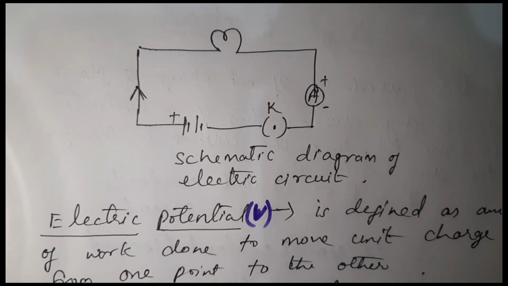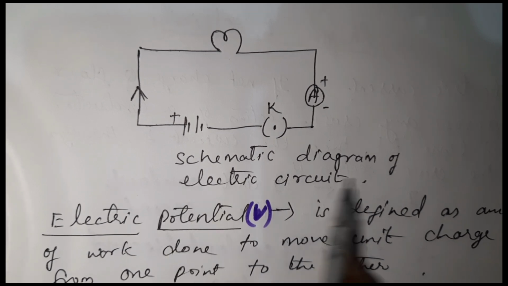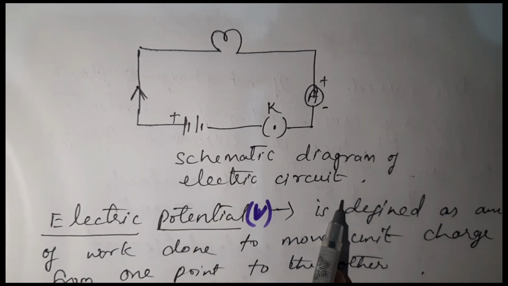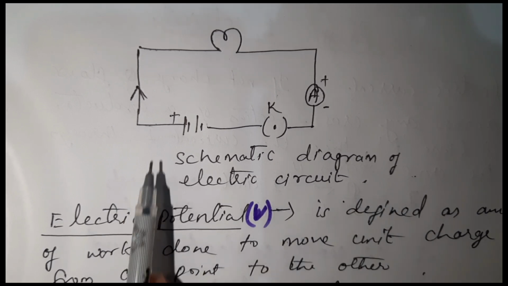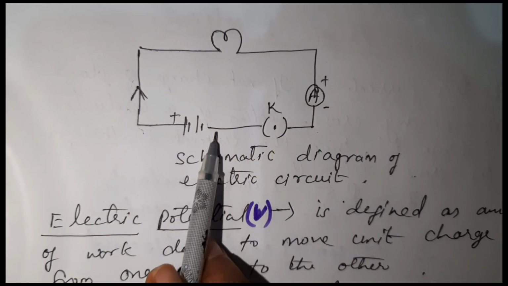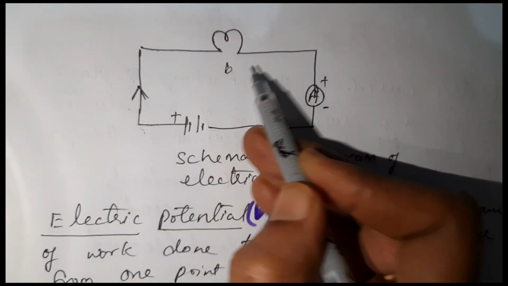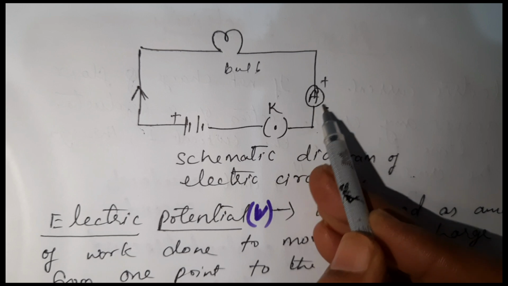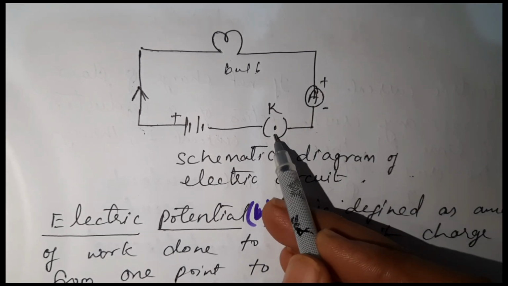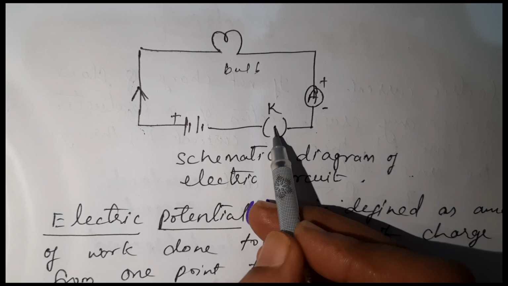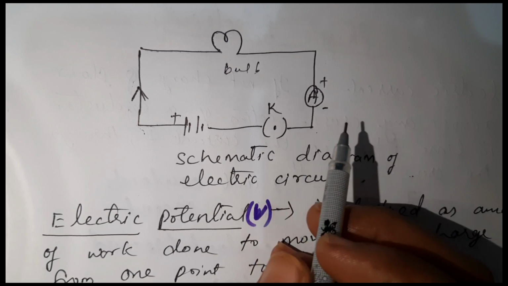Now the next topic is to draw a schematic diagram of electric current. This is a 2 marks question where they will mention the things to be represented in the circuit. Here a simple circuit is drawn. This is the bulb, and then the ammeter. Ammeter is always connected in series, as I told. Then the key: if we keep the dot, it is closed; if it is not there, it is open.